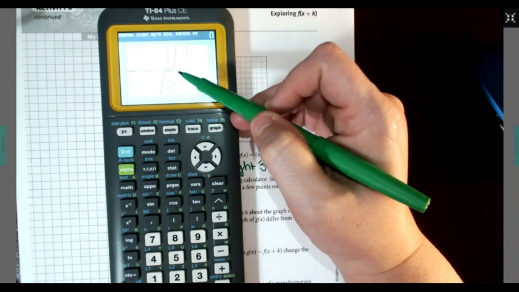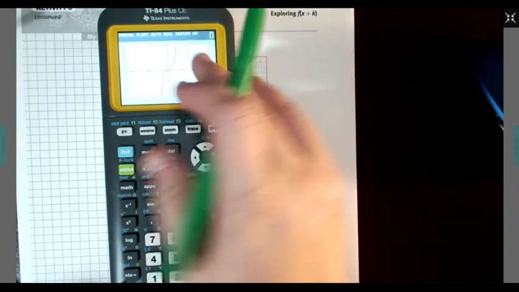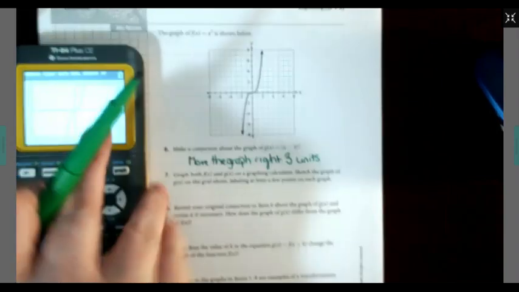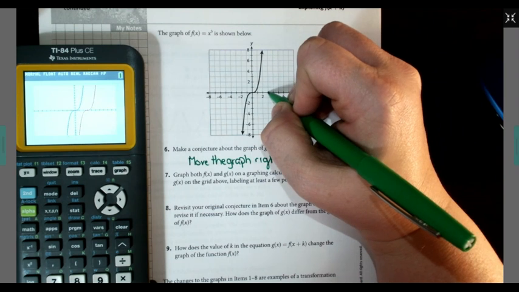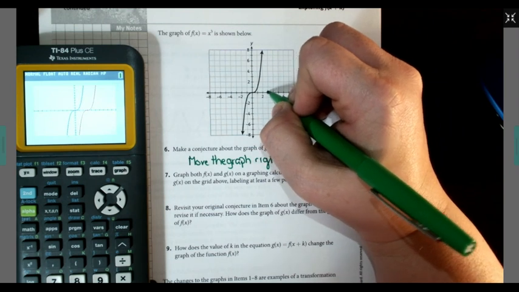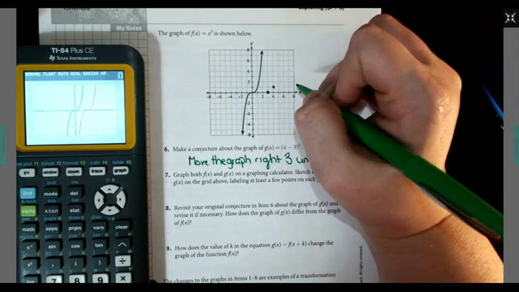Notice that the picture stayed where it was and it just shifted, looks like 3 units. So the point that was at 0, 0 has now gone to 3, 0. The point that was at 1, 1 has now gone to 4, 1.